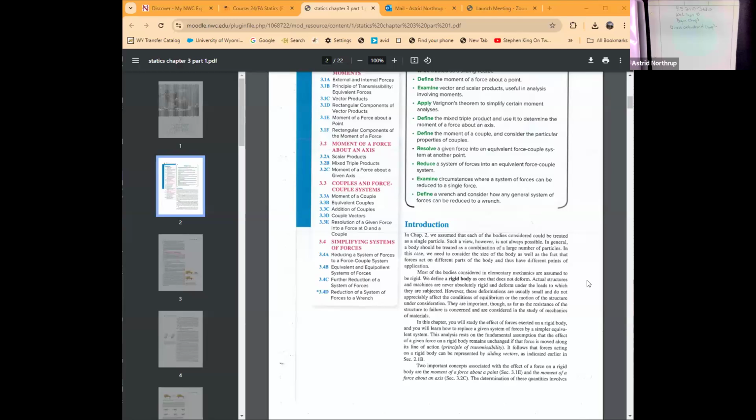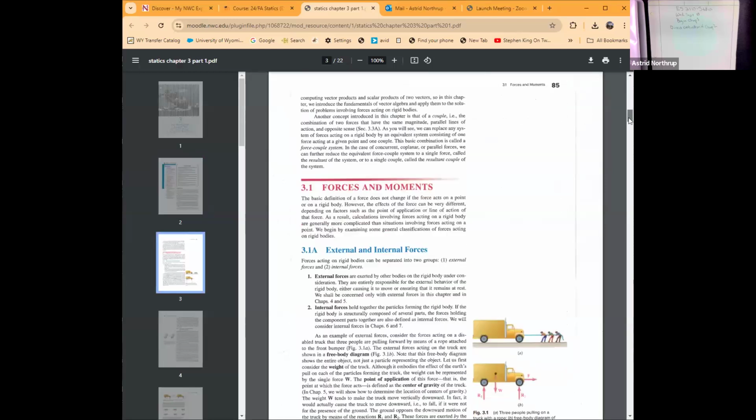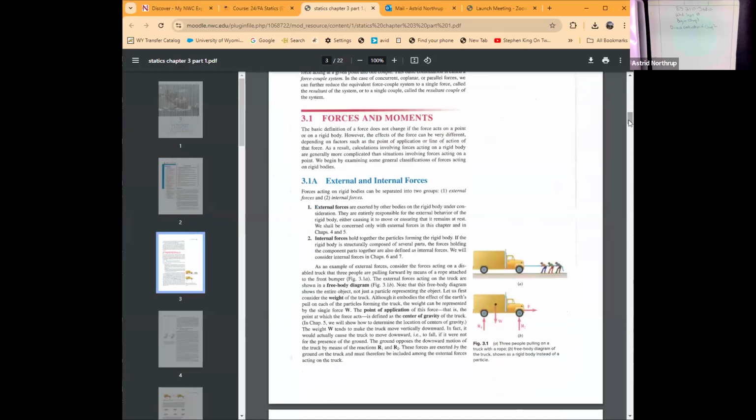So chapter 3 talks about two different concepts. We've already talked a lot about forces. And the next thing that we're going to talk about is moments.